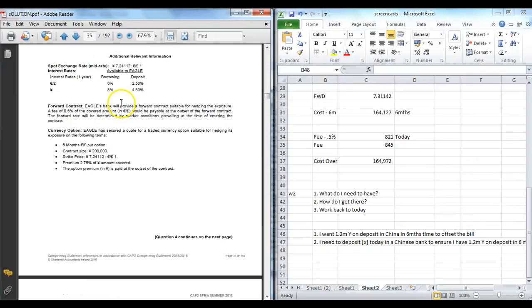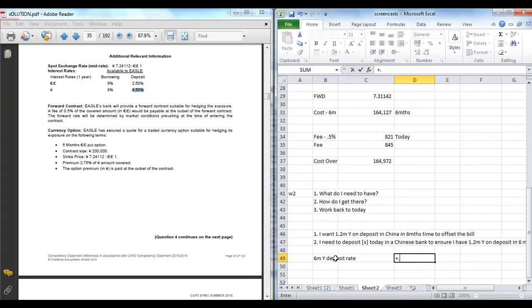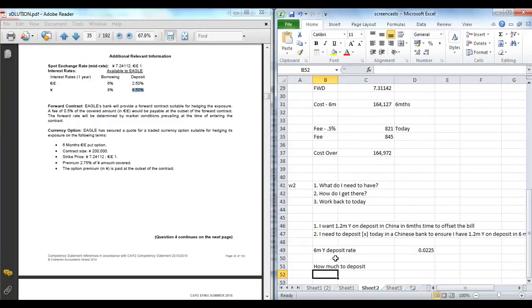I need to deposit something earning an interest rate on the deposit, where you're told the deposit rate of 4.5%. So the 6 month Chinese deposit rate is 4.5 divided by 2, which is 2.25%. So how much to deposit? I deposit something today that will earn 2.25% for 6 months.